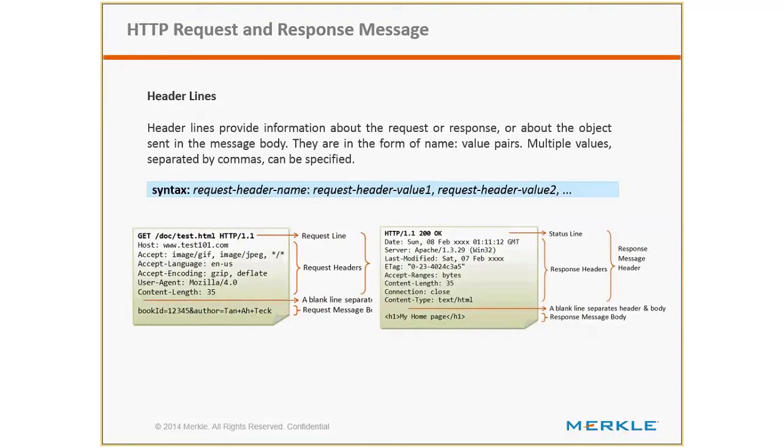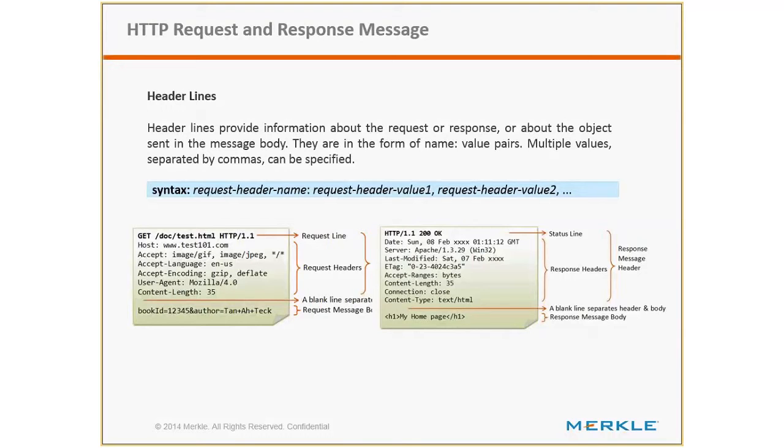And the third one, Accept-Language. The client uses the Accept-Language header to tell the server what languages it can handle or prefers. If the server has multiple versions of the requested document, maybe English, Chinese, or French, it can check the header to decide which version to return.